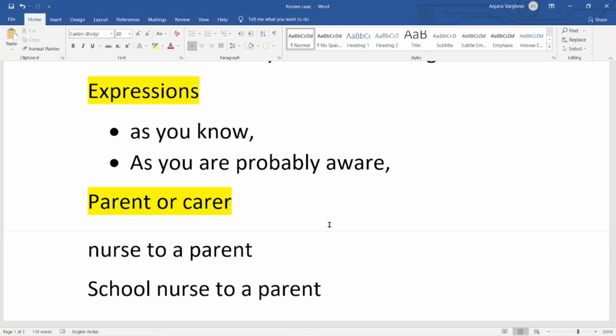When you are struggling to find a word, you have a tendency to say "as you know". So better than that, also learn one more phrase, "as you are probably aware". These are two phrases you could use in the speaking section. You can use them in the writing section also, it's totally up to you.